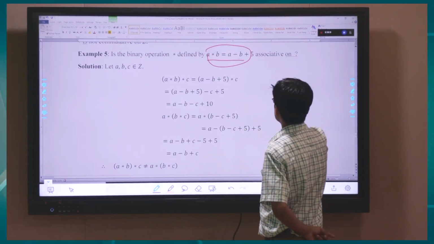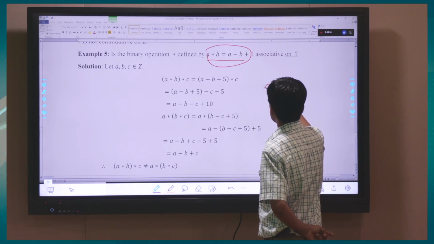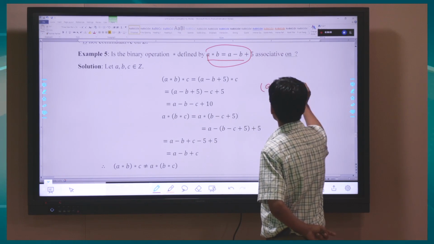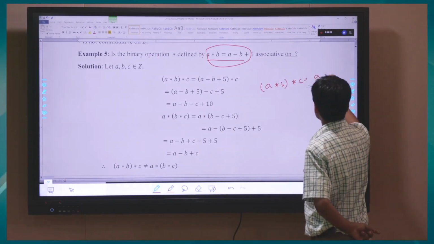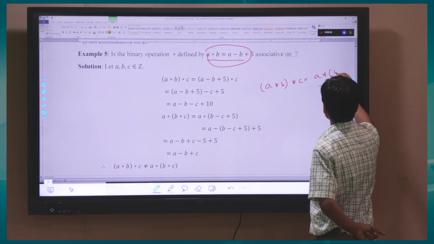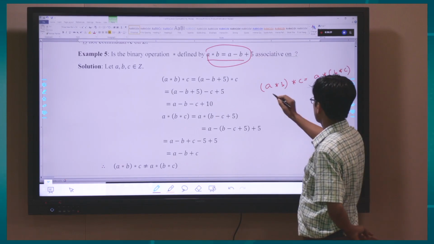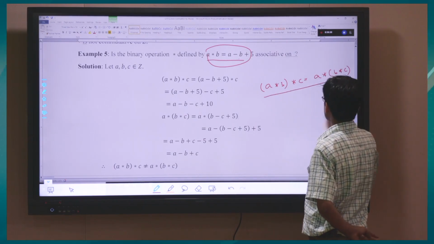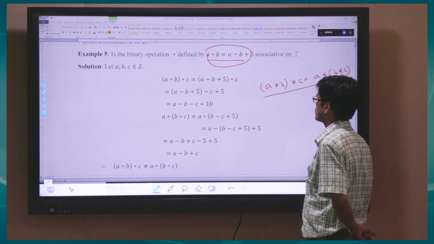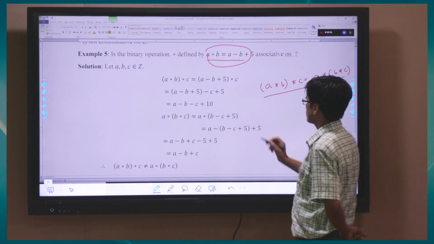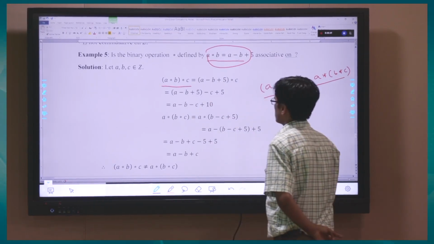For the associative property, which we have already defined, we have to prove these results. If this result is satisfied, then star will be associative. So first we check the left hand side part.